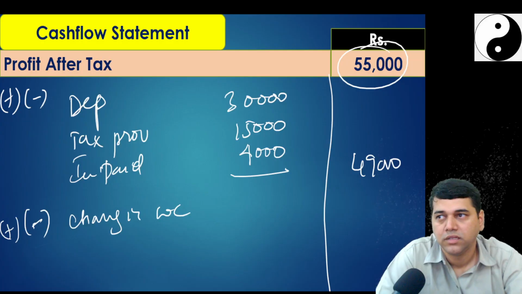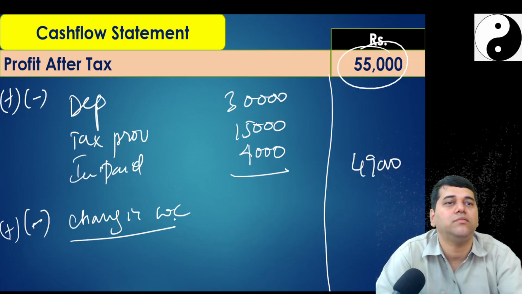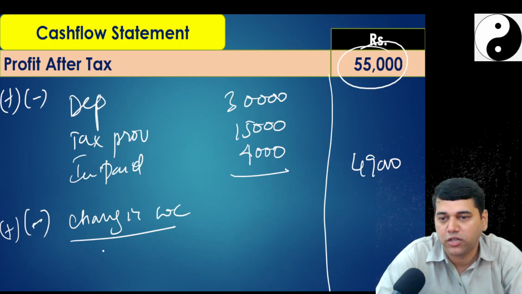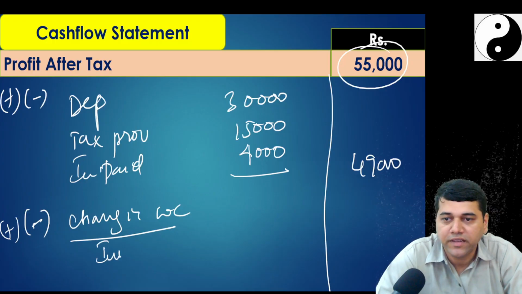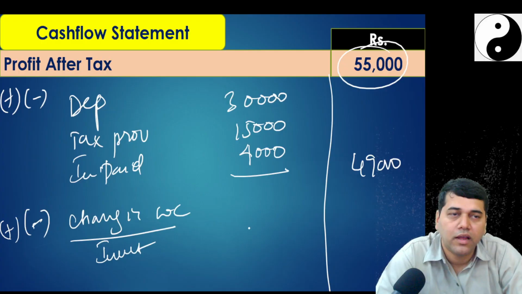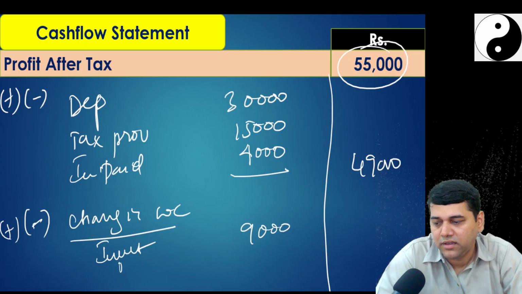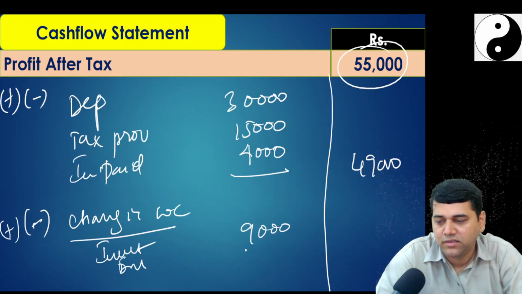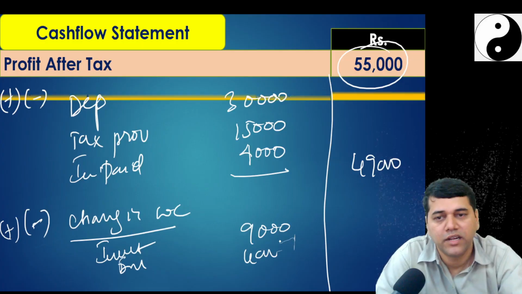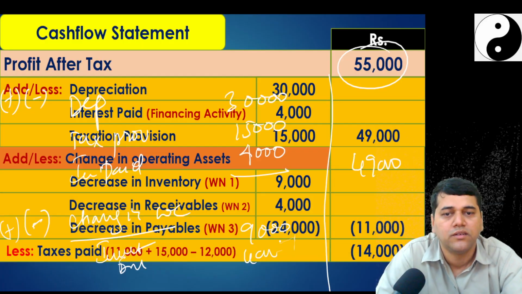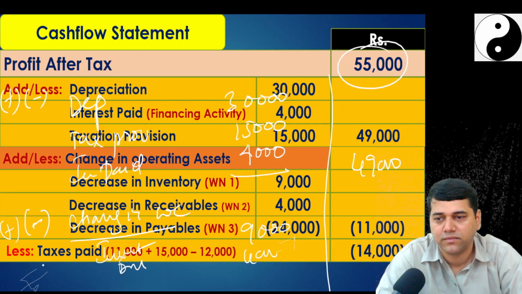Correct? Now working capital change is nothing. We have already done one working note now. So how much is inventory? Add or minus? Already we have stated there, 9,000 add. Debtors, 4,000 add. Creditors, 24,000 minus.